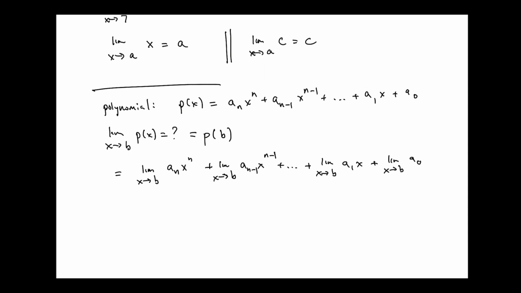Okay, so our limit law said that if we've got a sum or difference of things and each of the individual limits works out, we can just split it up and then add up all the answers. Okay, is that good? But what do we know about each of these individual things? So let's start actually from the right. What's this limit?